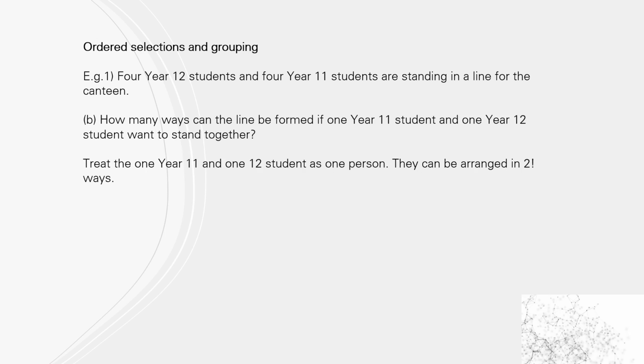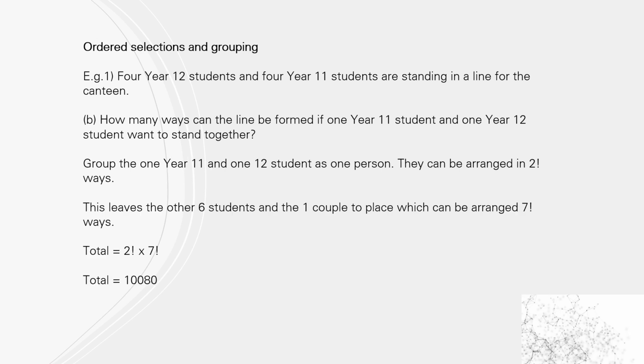What about if we're restricting it to the 1 Year 11 and 1 Year 12 student who want to stand together? So we're going to treat them as one group, and they can be arranged in 2 factorial ways, because obviously the Year 11 student can go in front of the Year 12 or the Year 12 in front of the Year 11. But it is one group in itself.